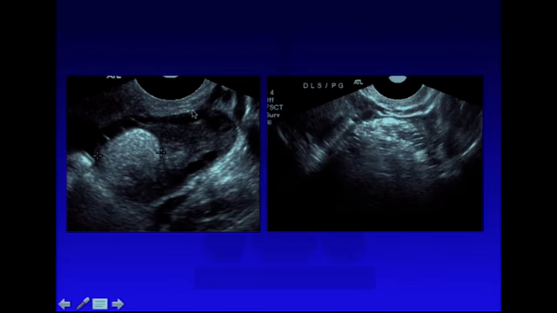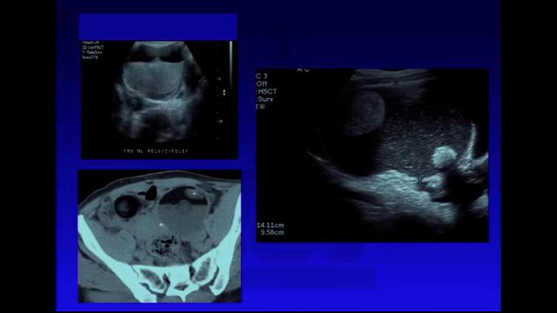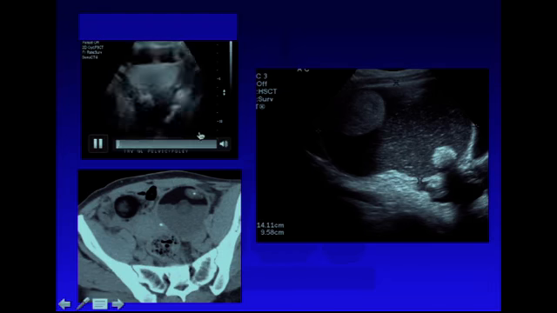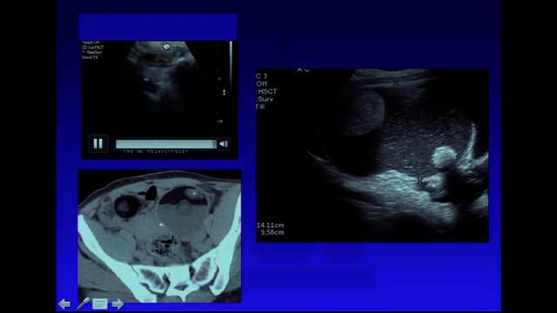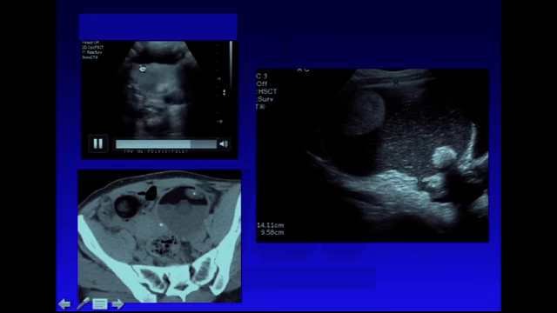This is an incidentally found, relatively small, 2 centimeter, very well-defined echogenic mass in the ovary. This is a little bit larger mass. Notice that it is also echogenic, but there is shadowing, and the shadowing can come from fat mixed with hair. These are two cases of cystic teratoma, a very large mass with a fat-fluid level and a hairball floating at the junction of the fat-fluid level, as well as a dermoid plug here.